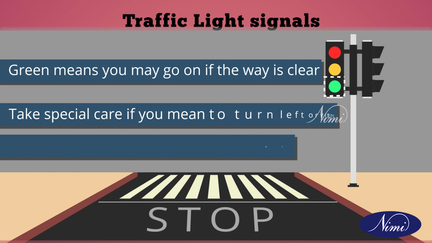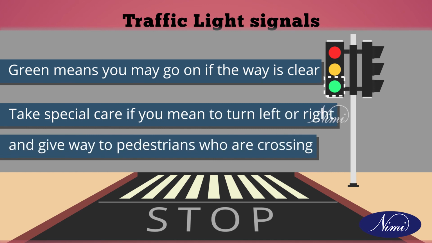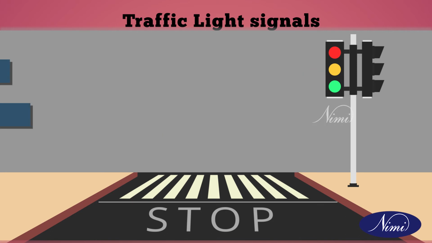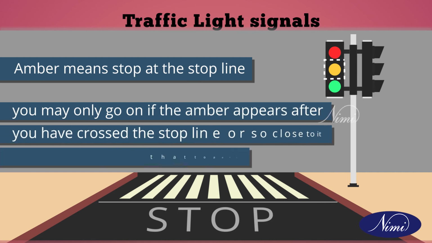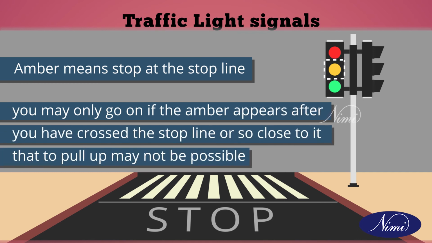Take special care if you mean to turn left or right and give way to pedestrians who are crossing. And amber means stop at the stop line. If you want to cross, you may only go on if the amber appears after you have crossed the stop line or so close to it that to pull up may not be possible.